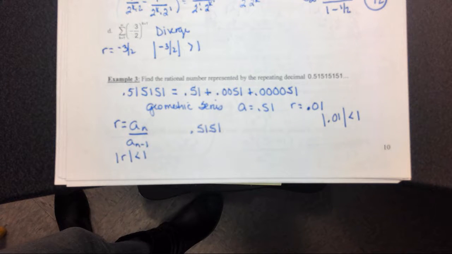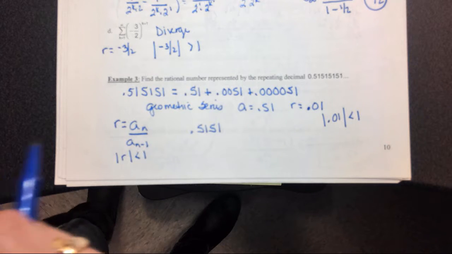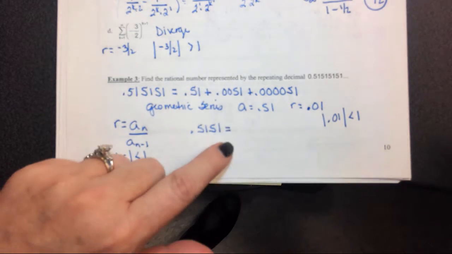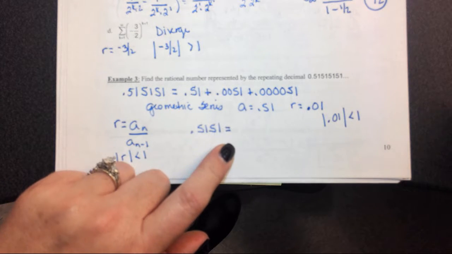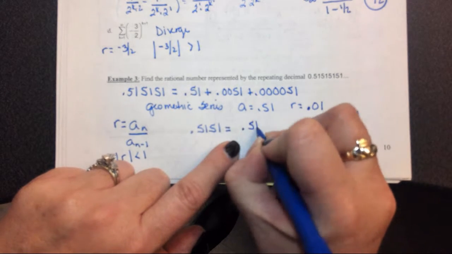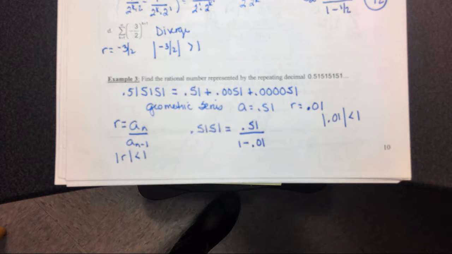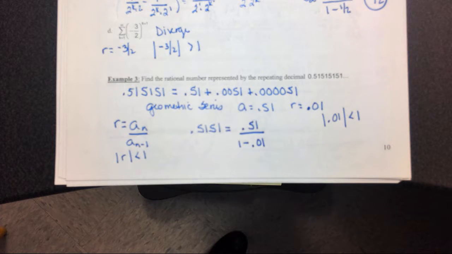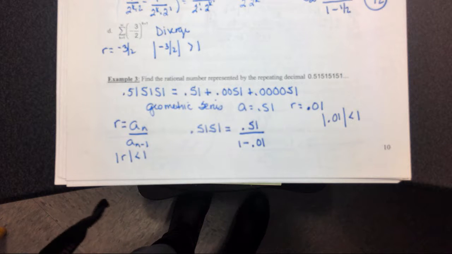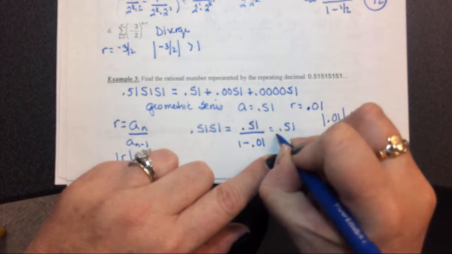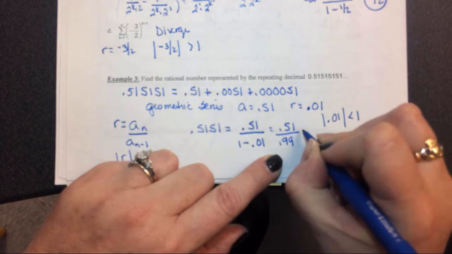So this is going to converge to some number, and that's the number I'm trying to find. How can I find the number it's going to converge to? Well, I'm going to take my first term, 0.51, divided by 1 minus the common ratio. So I end up with 0.51 divided by 0.99.